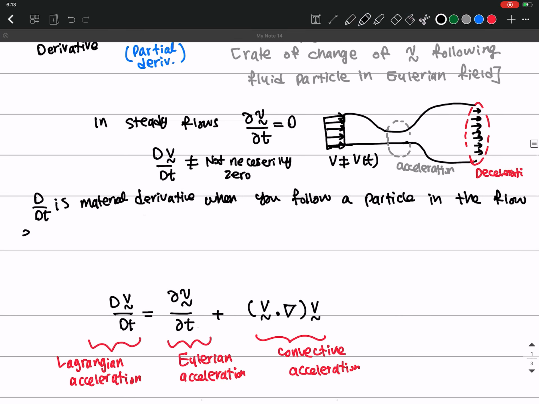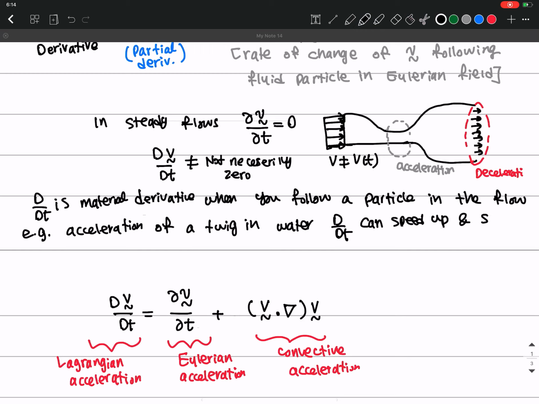For example, the acceleration of a twig in water, d over dt can speed up at some points and slow down at other points.